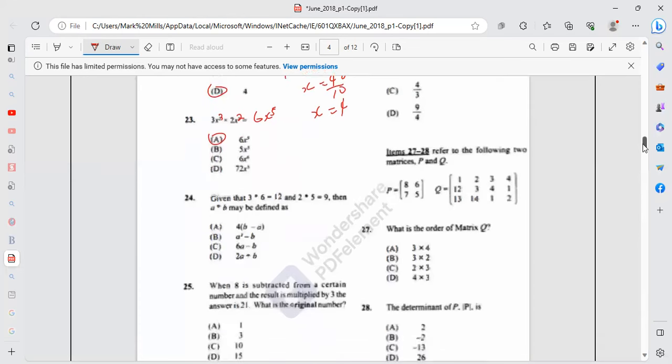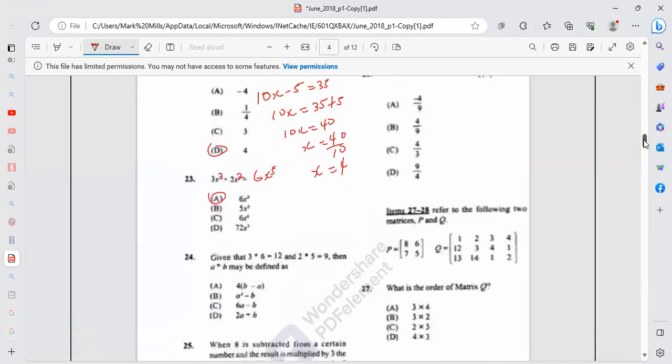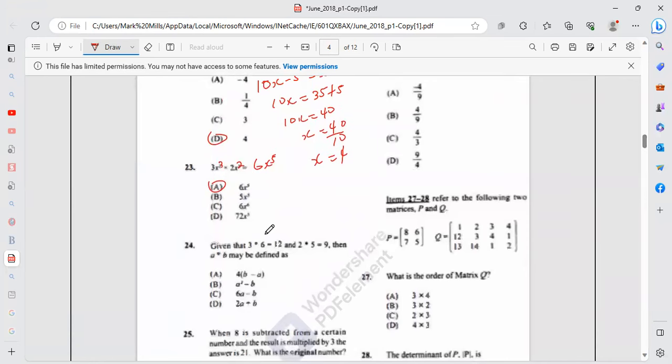All right, so for number 24 now, right? For number 24, they say 3 asterisk 6 is equal to 12, then 2 asterisk 5 is equal to 9. Then A asterisk B might be defined as what? So you are going to find out which of these ones, when you put it inside, we get back the same answer.